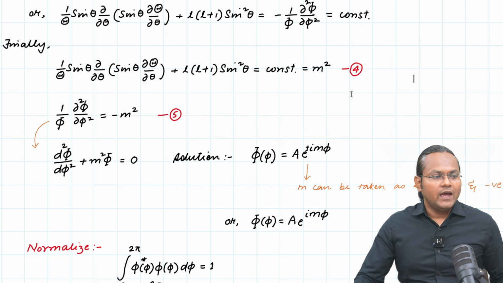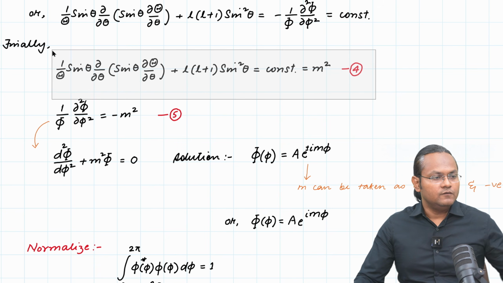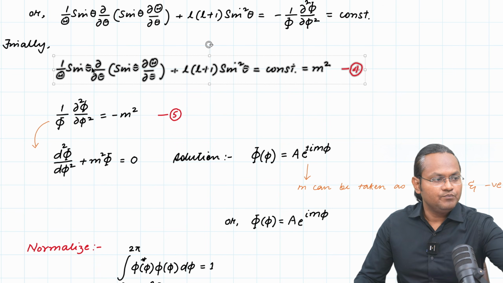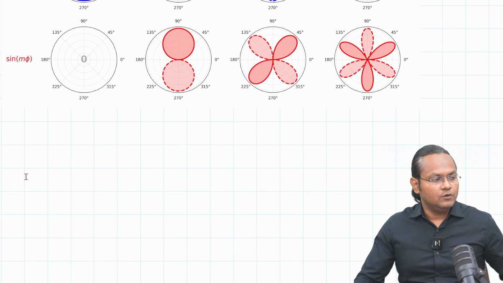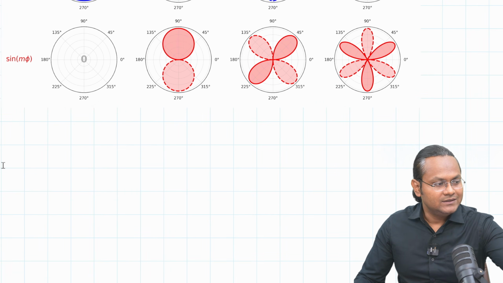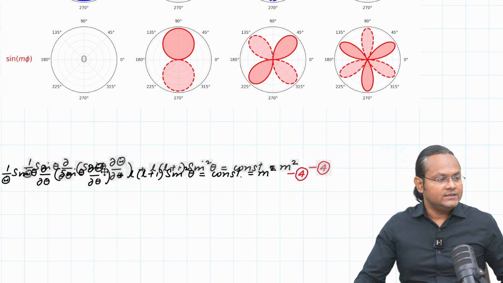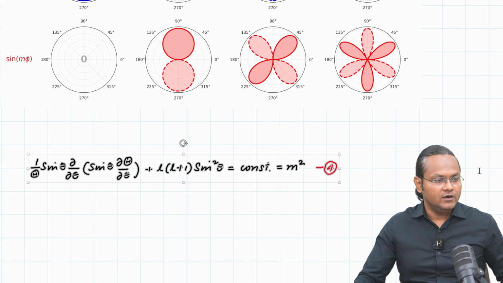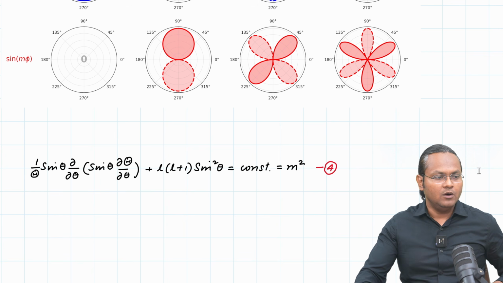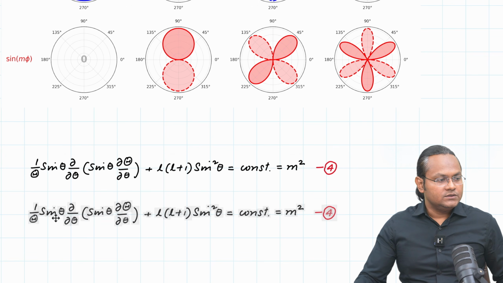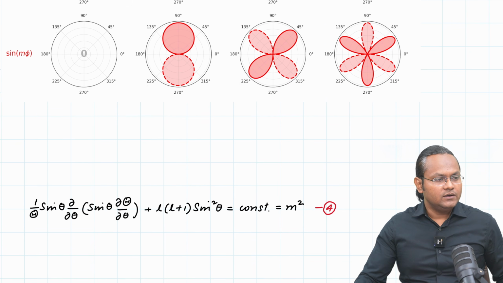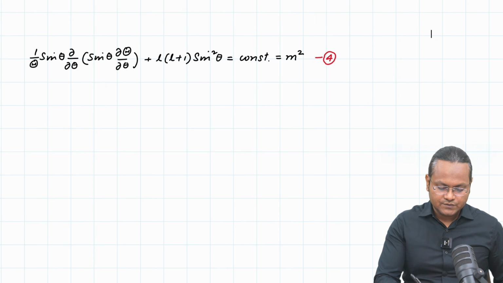So now we look at the angular part of the Schrodinger equation, and we will try to obtain a solution of the wave function that is dependent on theta. For that, we have equation number 4, which we obtained earlier. If I call this the angular part, then let's do the calculations.